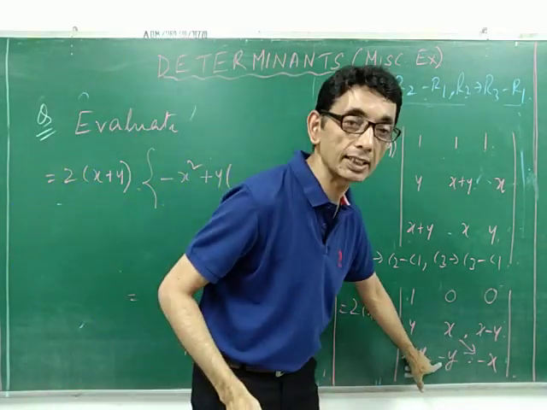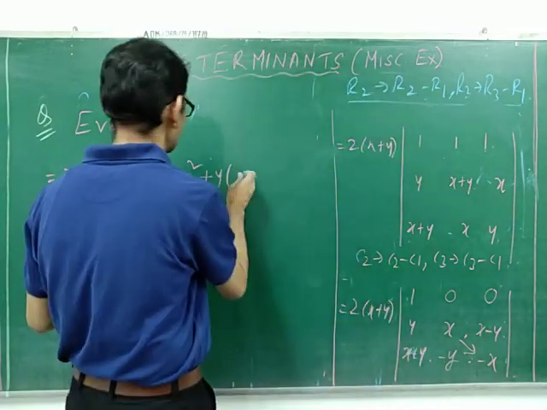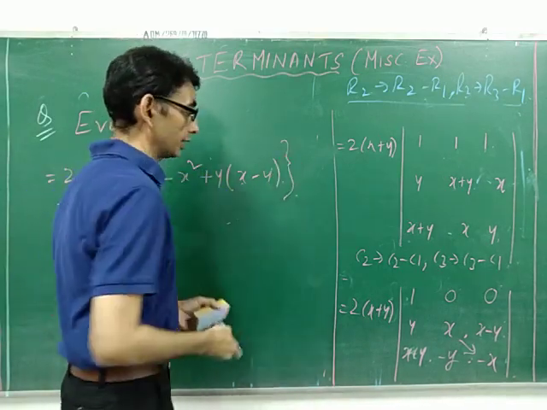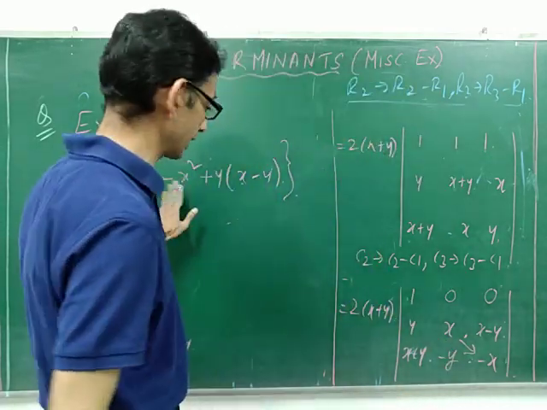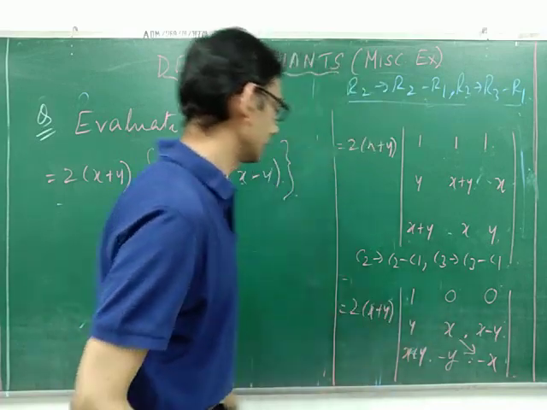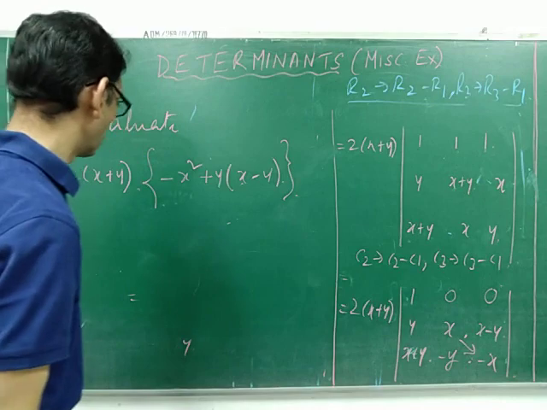Because already minus y is there, so if you multiply, this minus will be plus y, that is x minus y. Okay, right? That is 1 times x into minus x. This is minus x squared. Then this is plus y and x minus y.